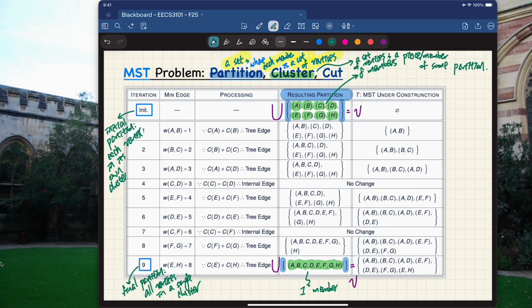Or, as we noted earlier, the contents of this cluster are exactly equal to all the vertices. That's a special case.